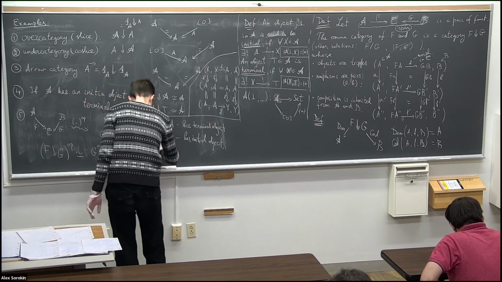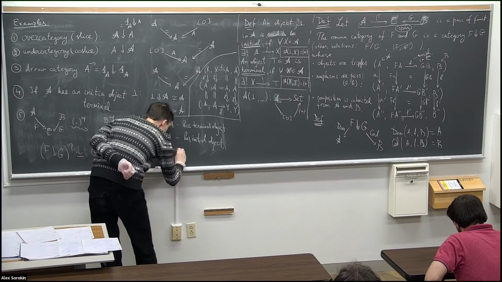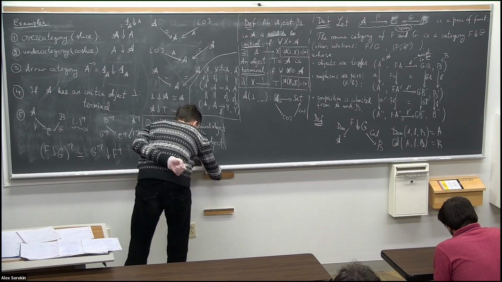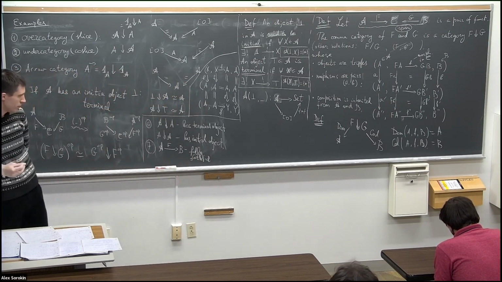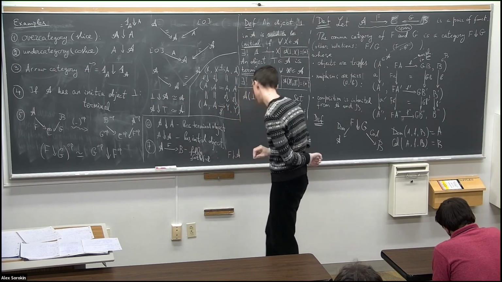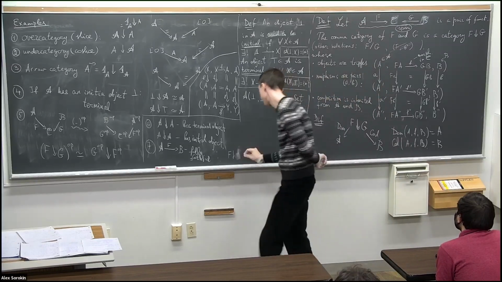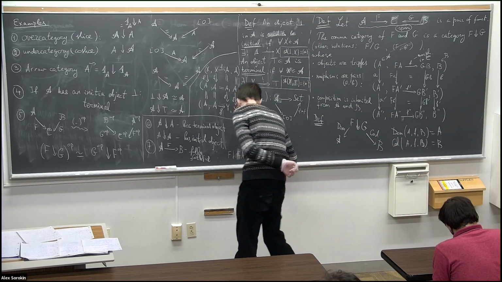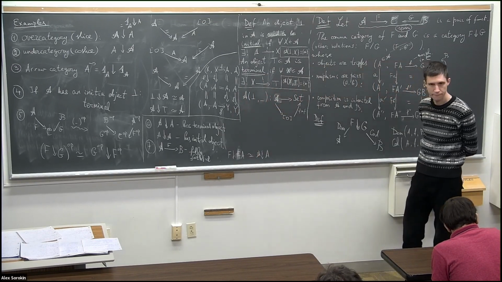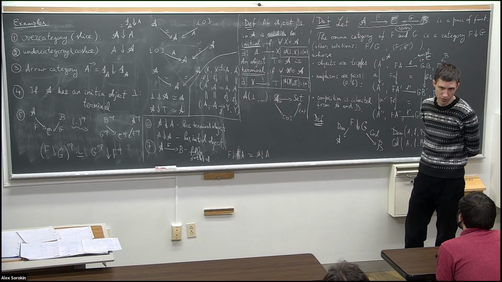Property 7, I don't know whether we will use it or not, but it's good to know that if a functor from A to B is fully faithful, then this functor embeds comma categories, I mean, enlarged.